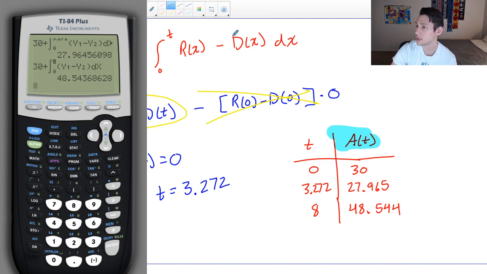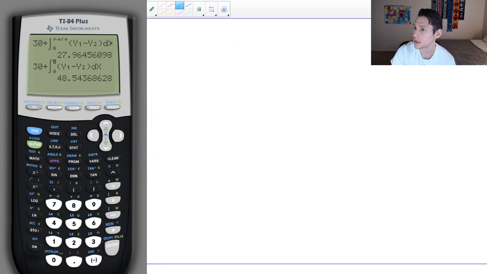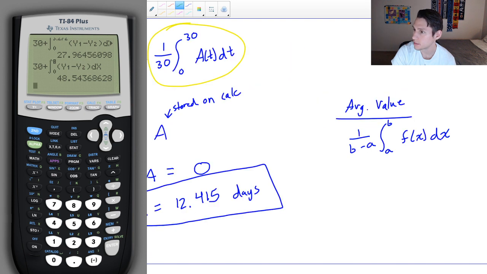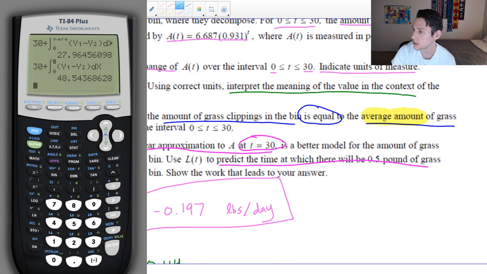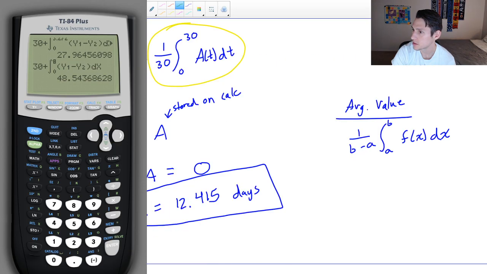Again, we're looking for the minimum, so we're just looking for the smallest value. I don't think the question asks when does the minimum happen. I think it just asks what the minimum is. Nope, that's the grass clippings problem. Sorry.